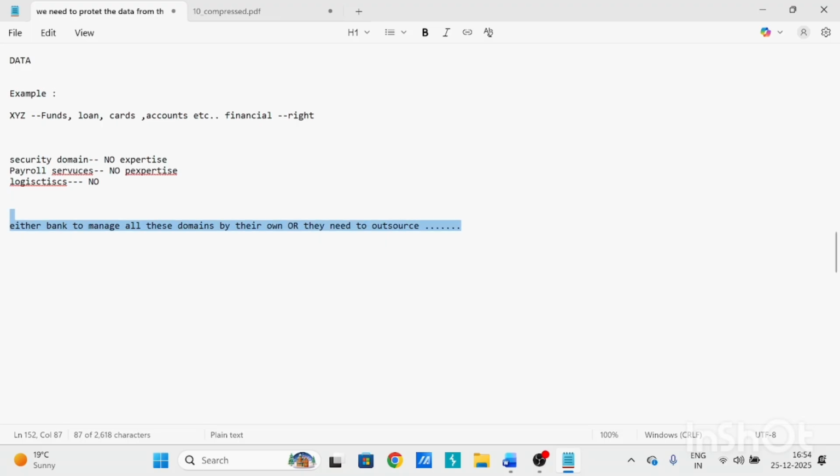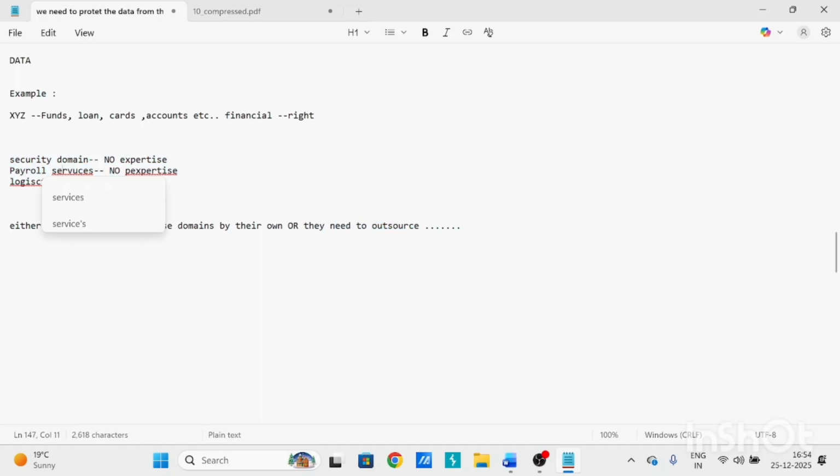Only one option is there. The first option, the bank managing all these domains, is a very lengthy process, and that is not the bank's actual expertise. Second option, they need to outsource all these things. Yes, this is possible.